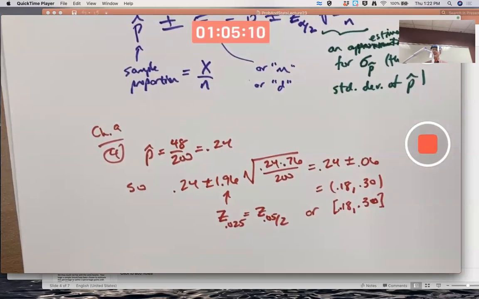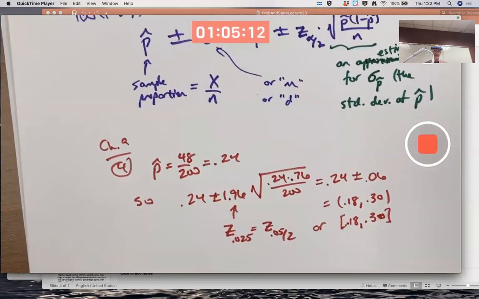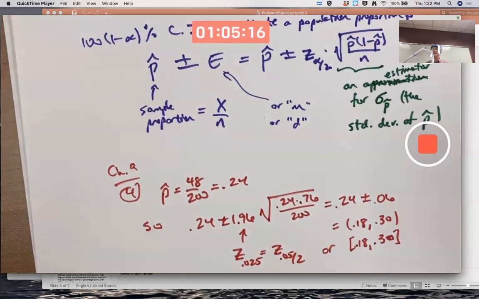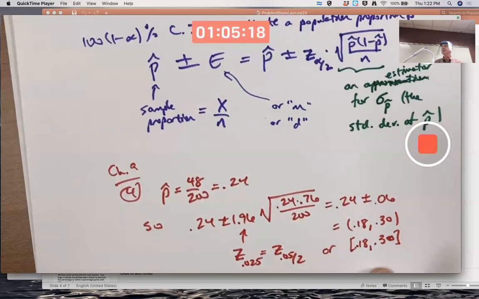If you do repeated random sampling, many samples of size 200 from the same population and get many values of p hat and many confidence intervals that are 95% confidence intervals, about 95% of them will contain p, though you won't know which ones do and which ones don't. So you might be able to say if one seemed like it was a big outlier, that you might look at that and say, well, that's a big outlier confidence interval.